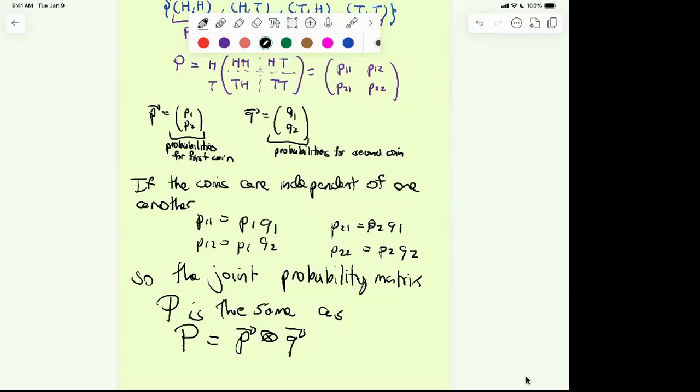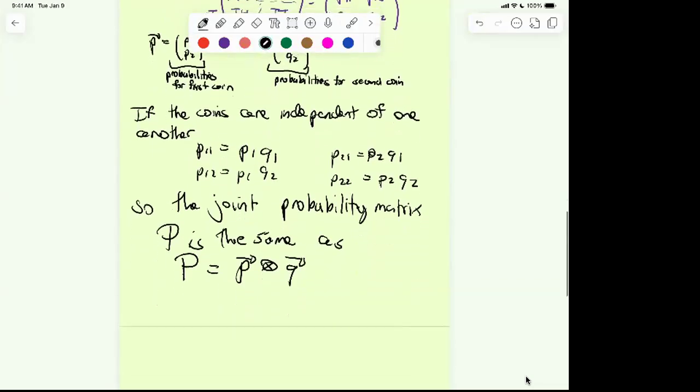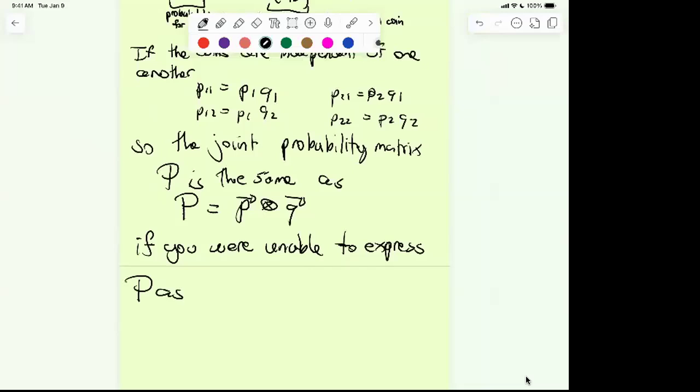So if you were unable to express P as a tensor product, then what happens with one coin is not independent of what happens with the other coin.